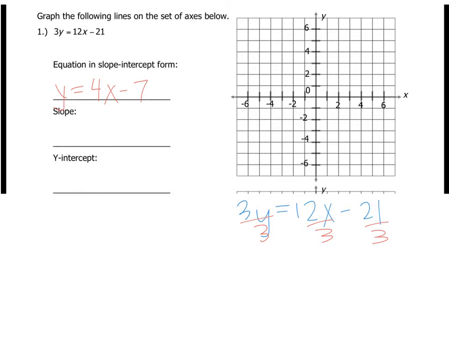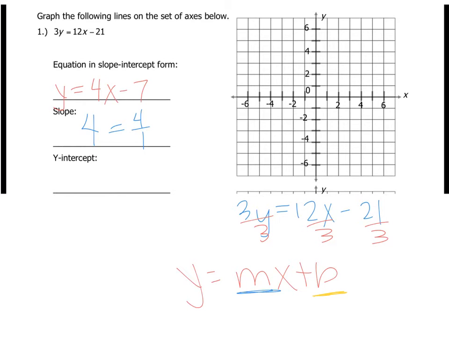So the slope of this one, the slope is your m. Y equals mx plus b. So the slope is always the m. The m in this equation is 4 or 4 over 1. And then we're going to look at what is the y-intercept. The y-intercept is always the b.